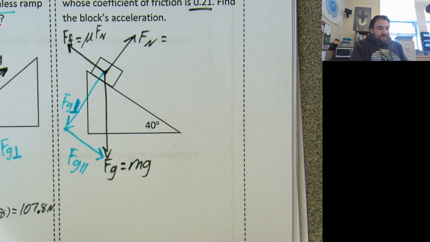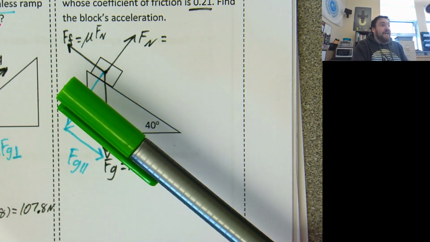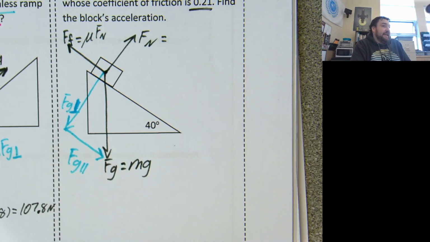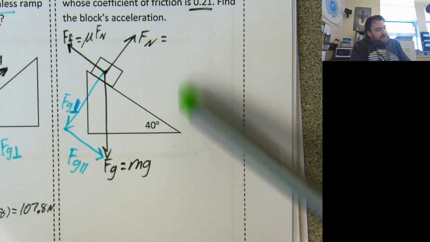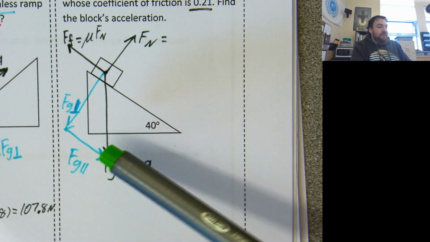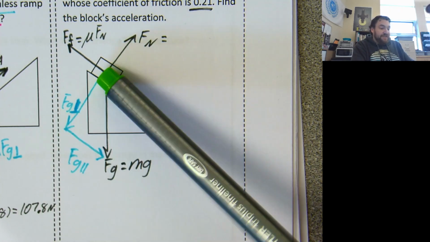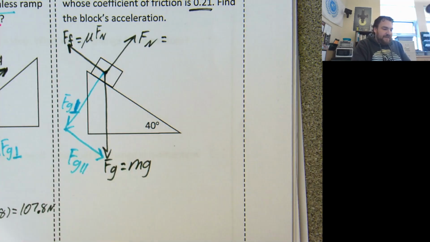Let's go through the steps. Fn is equal to what? What is its equal and opposite partner? All of gravity? Now, if this was a flat surface, Fn and Fg would be equal. But it's not. It's inclined. So Fn is not going to be equal to Fg. It's going to be equal to Fg perpendicular, this piece.